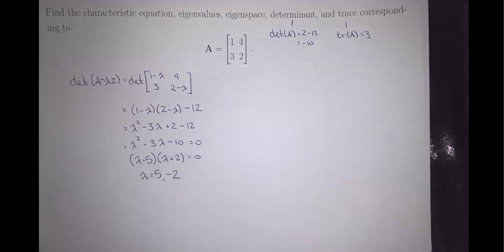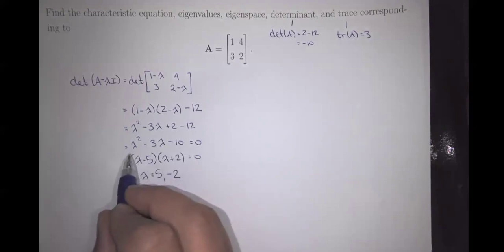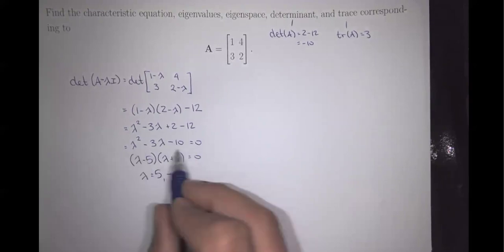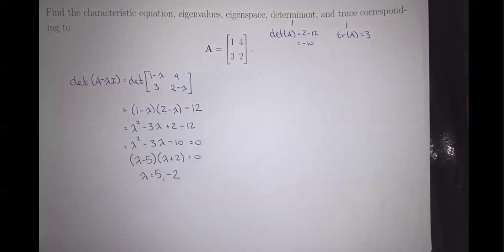Those are the eigenvalues. This is the characteristic polynomial here, the characteristic equation. So now we need to find the eigenvectors.